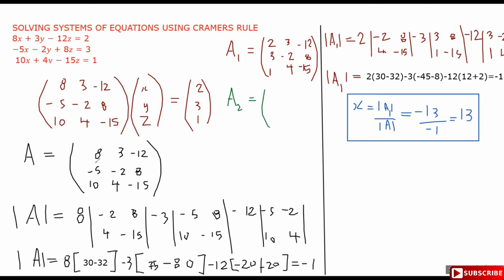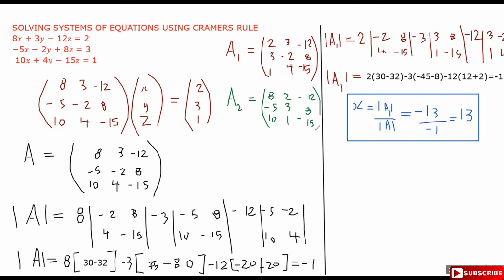So we're gonna write back 8, minus 5, 10. But what we need to do now is change these y coefficients to the result matrix of 2, 3, 1, and write back our z coefficients, minus 12, 8, minus 15.